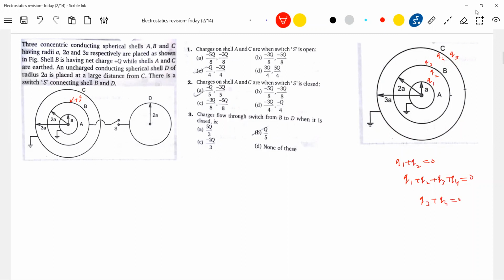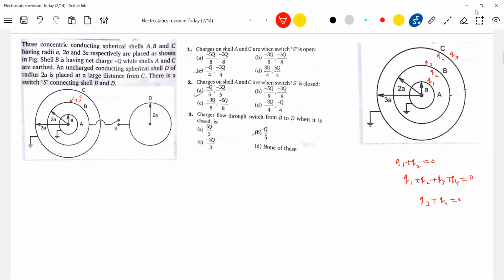Then what is the charge given to shell B? It is equal to Q, no? So Q2 plus Q3 should be equal to Q. The charge should be conserved, the total charge. Now shell A and C are earthed, so we'll equate their potentials.